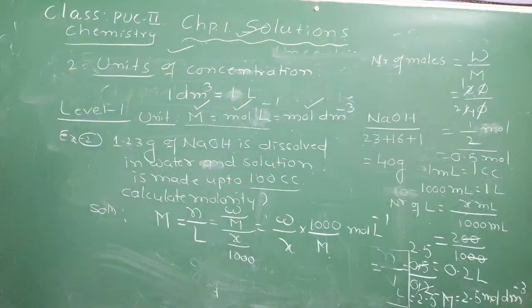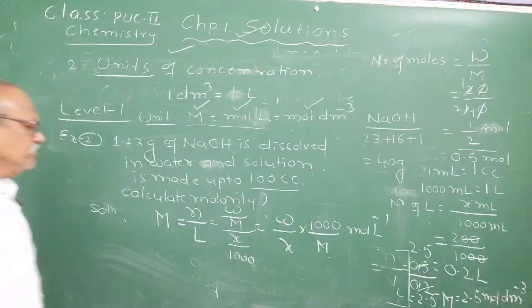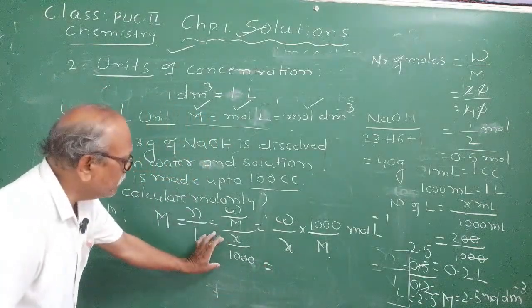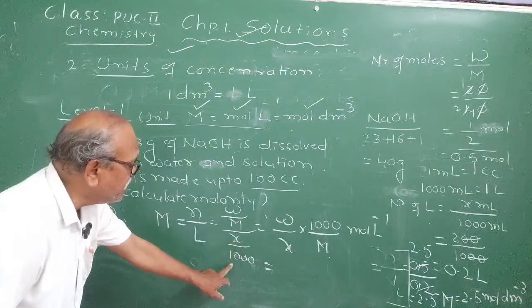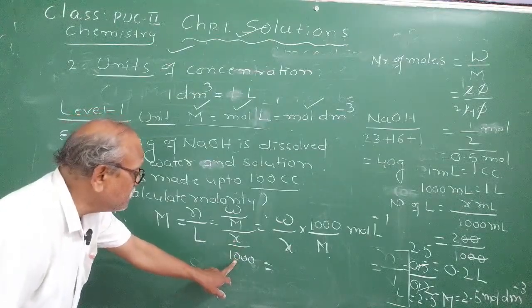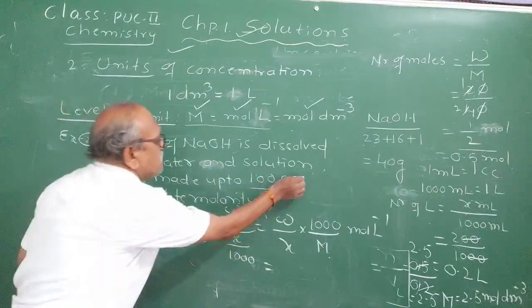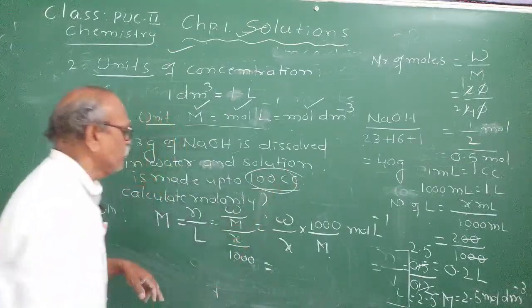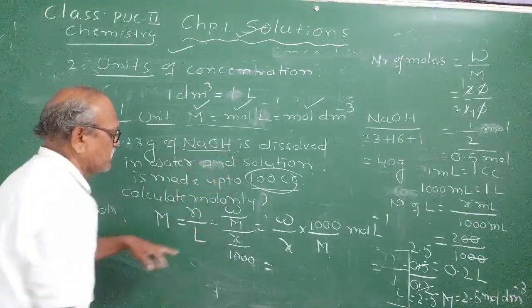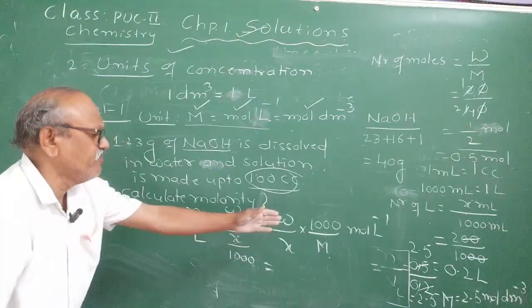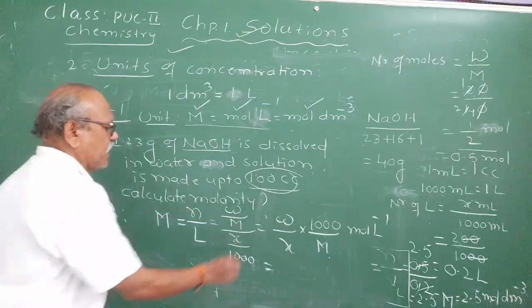Try to substitute the values here. If the volume is given in cc, 1000 cc means 1 liter, x cc means how many liters? If 100 cc is given, this 100 is x here. What is the substance? Sodium hydroxide. Its molecular weight is 40. You can have this simple formula for fast calculation, a time saving result.